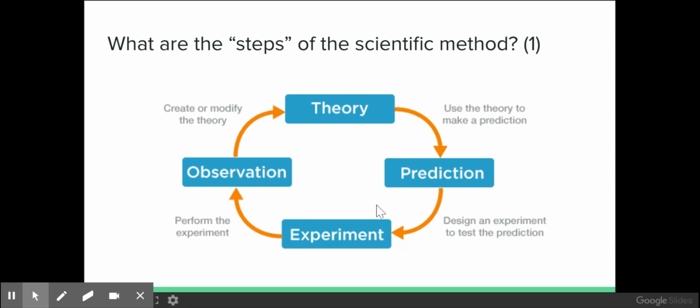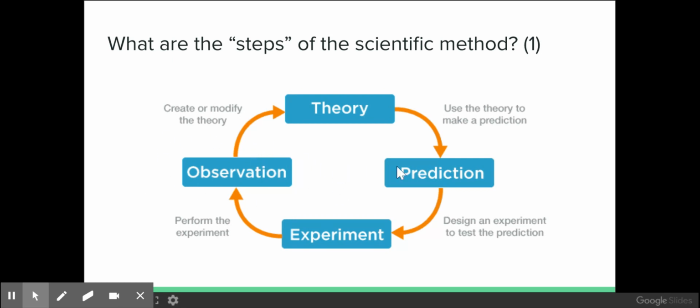You can start with a hypothesis, a prediction, and then go straight to your experiment and make more observations. The scientific method is not just a set of steps that need to be carried out in a particular order. But there really are 4 categories to what you would do in an experiment. We're always collecting observations using our 5 senses.